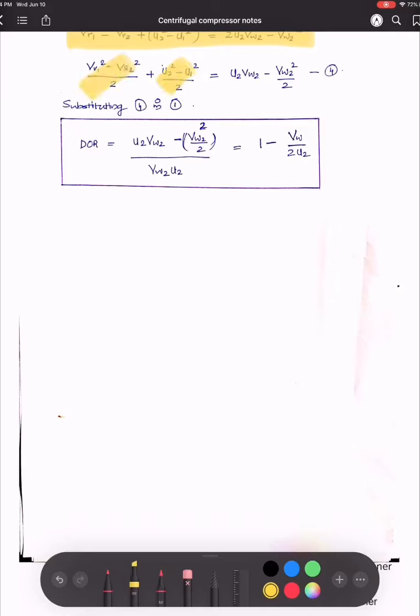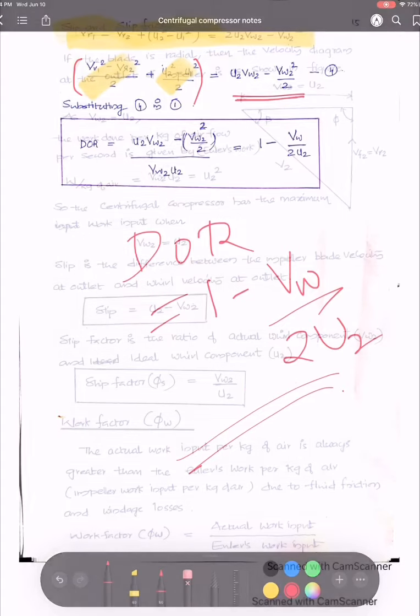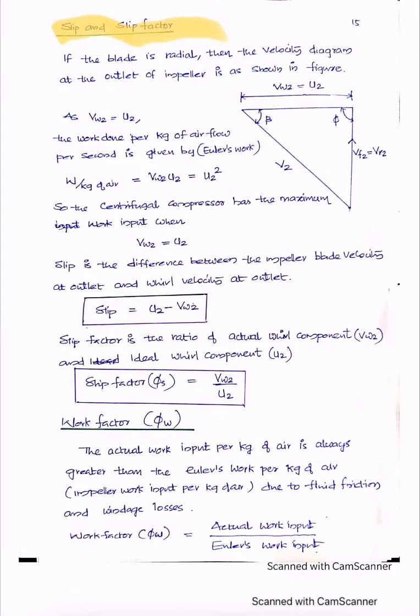So we'll substitute this expression's value in the equation of DOR, and you'll get the final equation as DOR is equal to 1 minus VW2 by 2U2. Clear? So next is slip and slip factor.